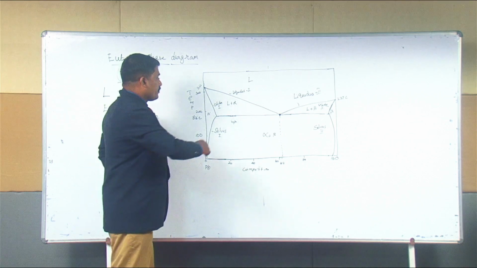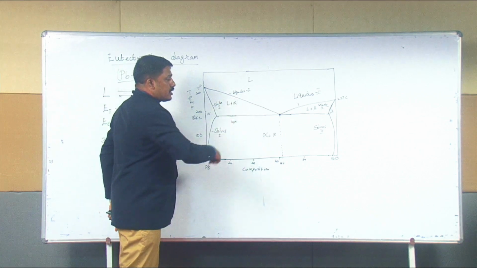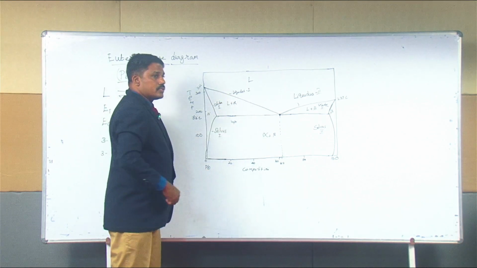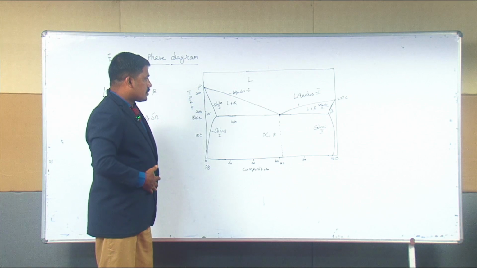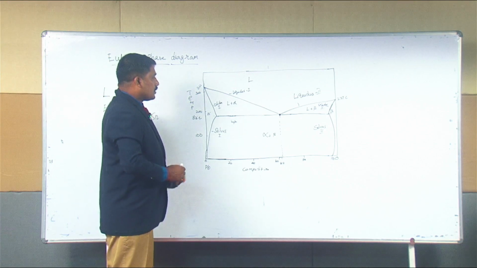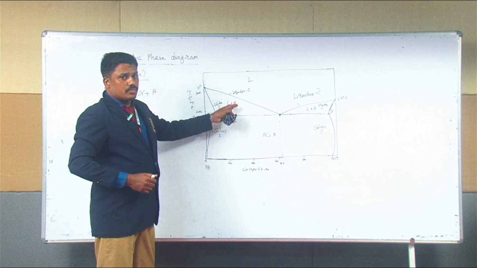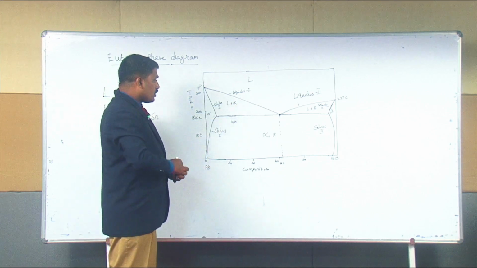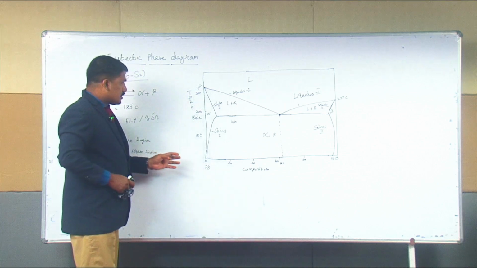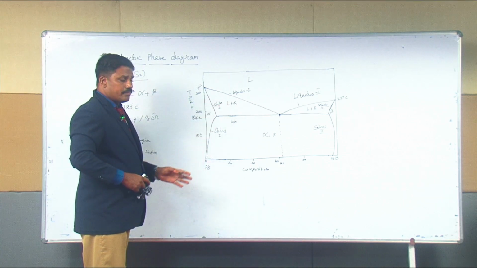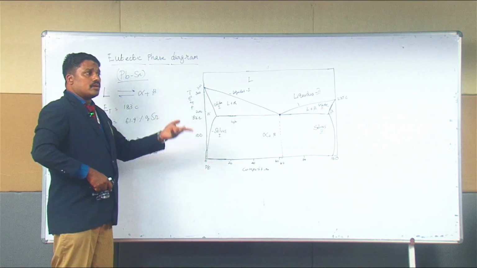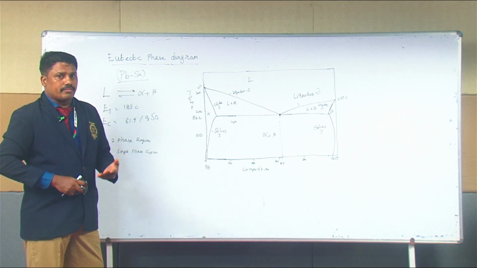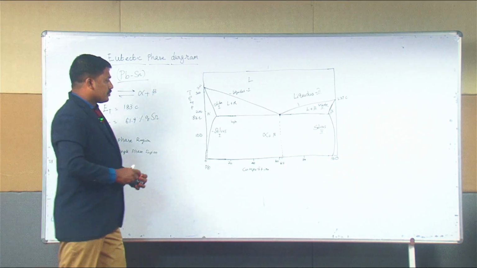So therefore, before reaching 183 degrees Celsius, the lead has to start the solidification. So this solid is called proeutectic alpha. Proeutectic alpha is nothing but the lead starting solidification before 183 degrees Celsius. So alpha denotes the lead and beta denotes the tin.